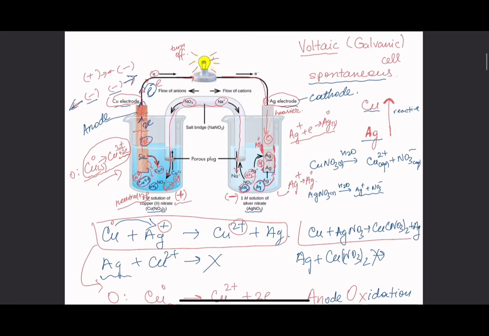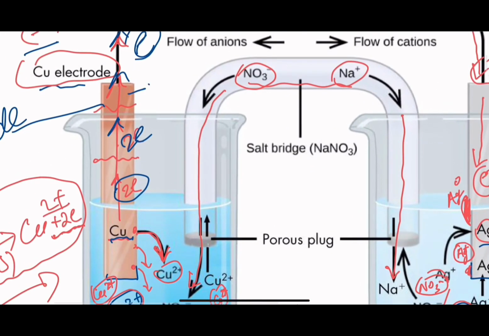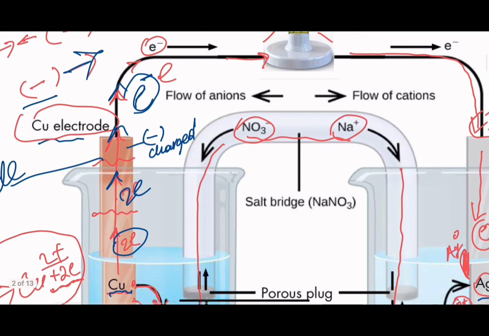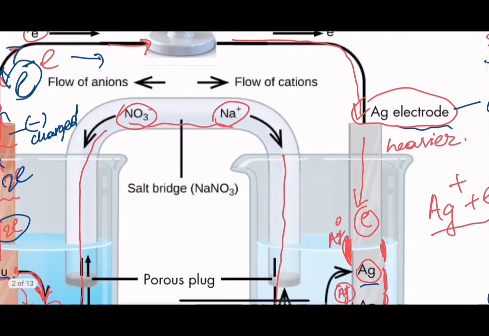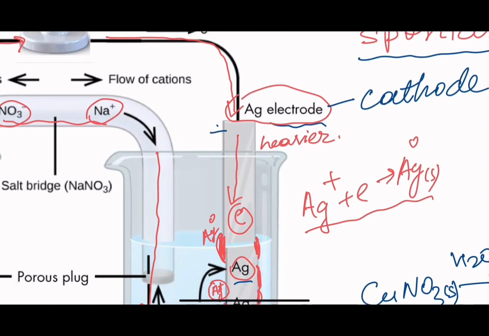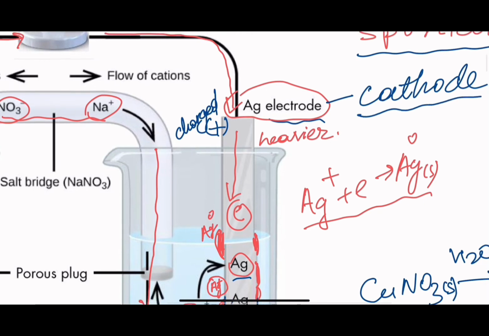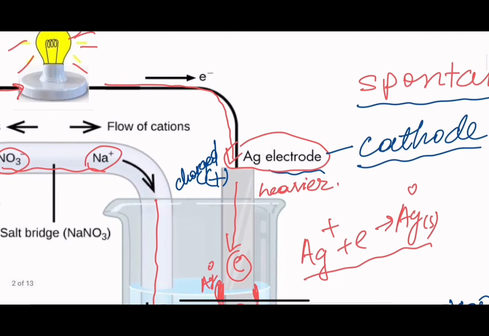Because this anode is negatively charged, the electron leaves this electrode. Is it clear? And moves on here. And because this electrode, the cathode, is positively charged, the electron is moving towards it because negative and positive attract each other.